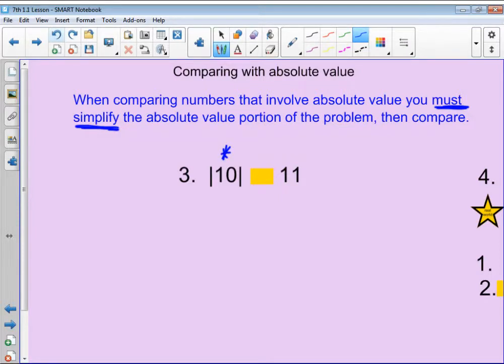So if I simplify the absolute value of 10, well, that would be 10 places away from 0, compared to 11. Now I can compare those two numbers. So 11's the bigger number. Open mouth eats the bigger number. So really, this is what it would look like. The absolute value of 10 is less than 11.